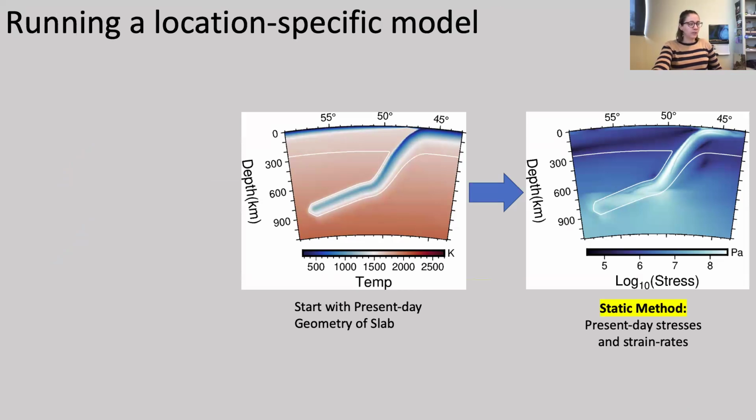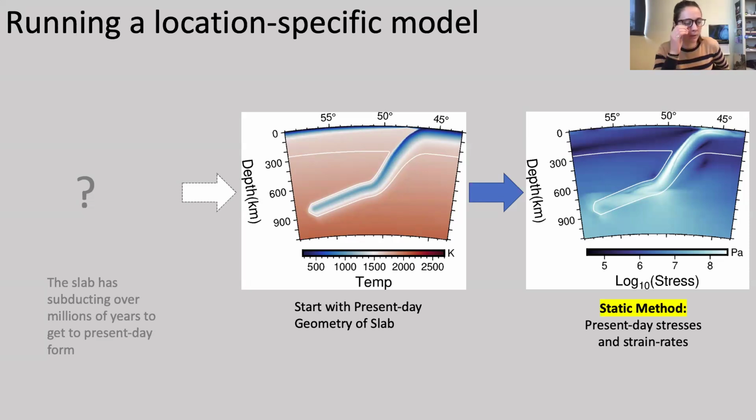But something that you might be curious about is the slab has been subducting over millions of years to get to its present-day form. And in this method, we're not accounting for that history. We're just starting with the present-day shape and then running the model forward with this method to get the present-day stresses and strain rates.